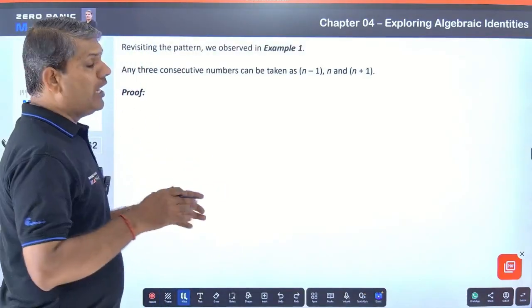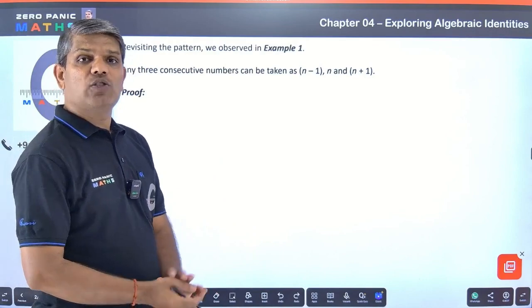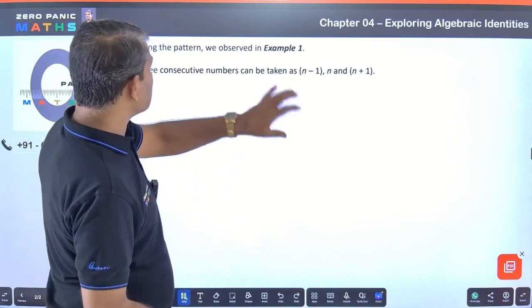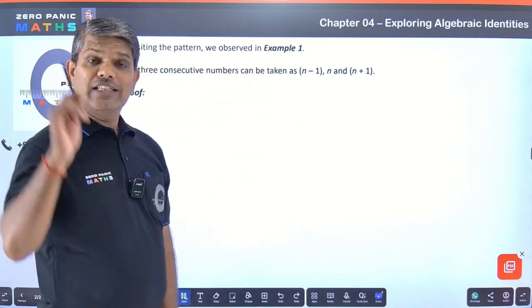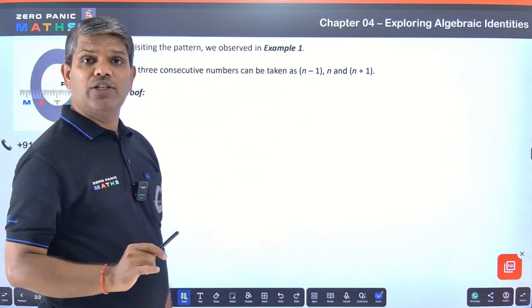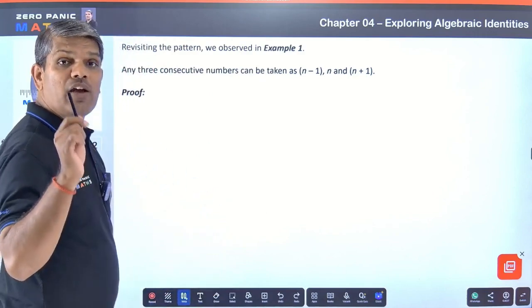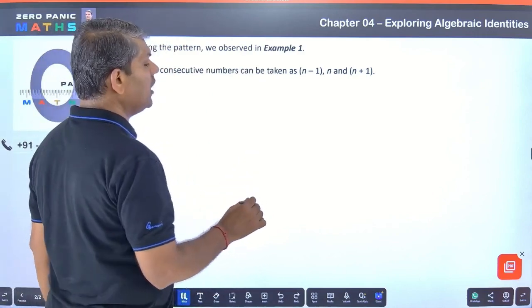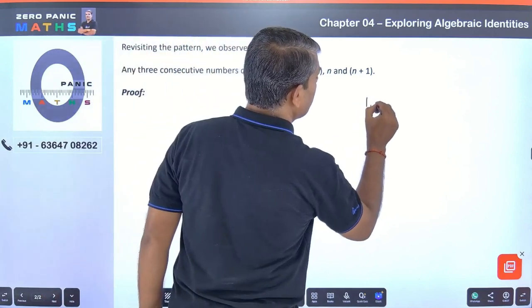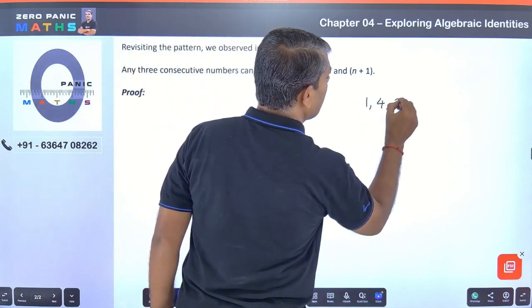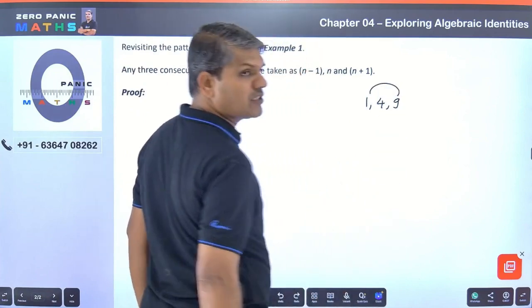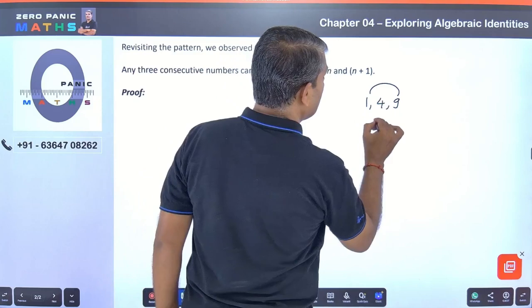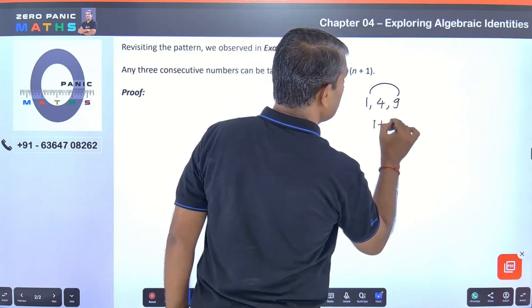Before we visit the examples based on a minus b whole square, let us revisit example one, which we started with in the introduction section. You remember there was one example where we took 3 consecutive square numbers, added the first and the third square numbers and subtracted twice the middle square.